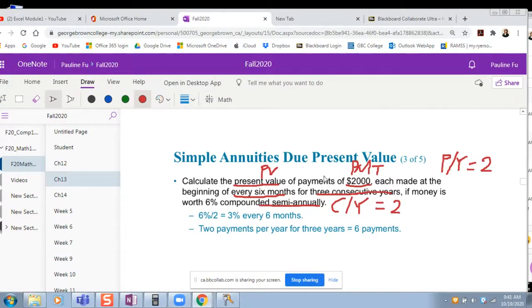So the question asks, what is the present value? We use 2 methods. 1, we use the formula. And 2, we use the calculator.